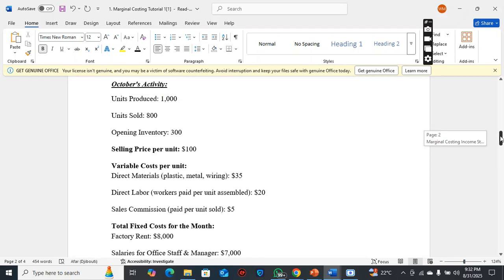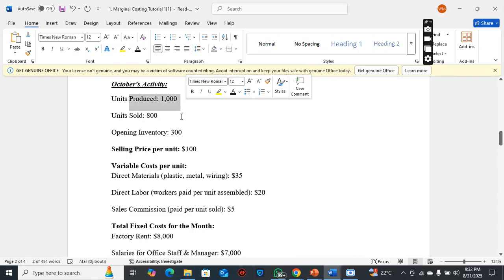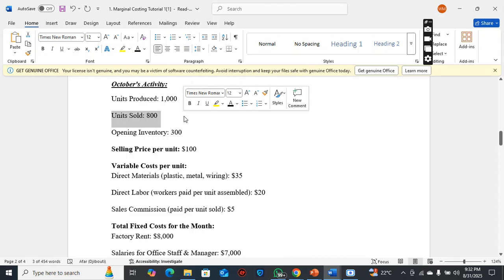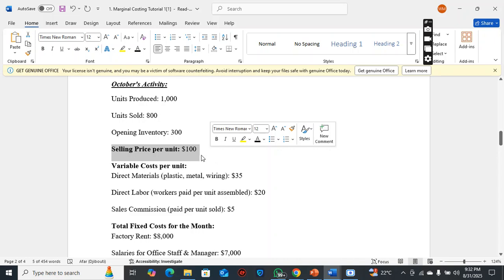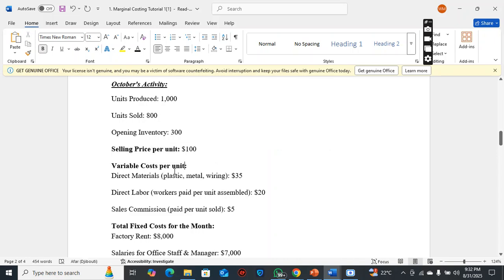Okay, so this is a company's information for October. It produced 1,000 units. It sold 800 units. The opening inventory is 300 units. They're selling each unit at $100. These are the variable costs: $35 direct material, direct labor $20, sales commission $5.